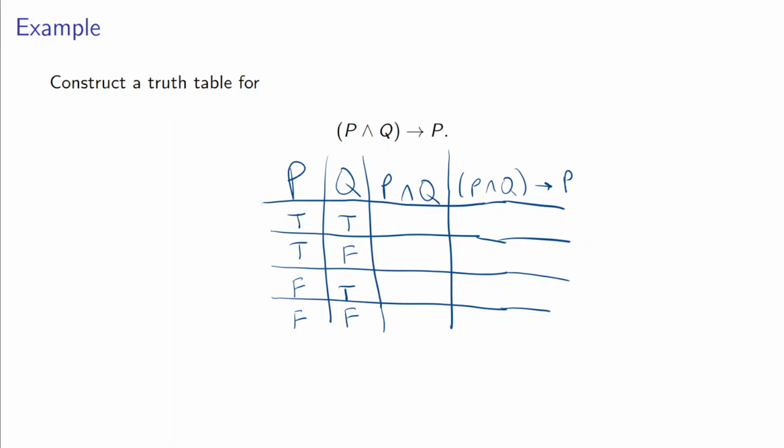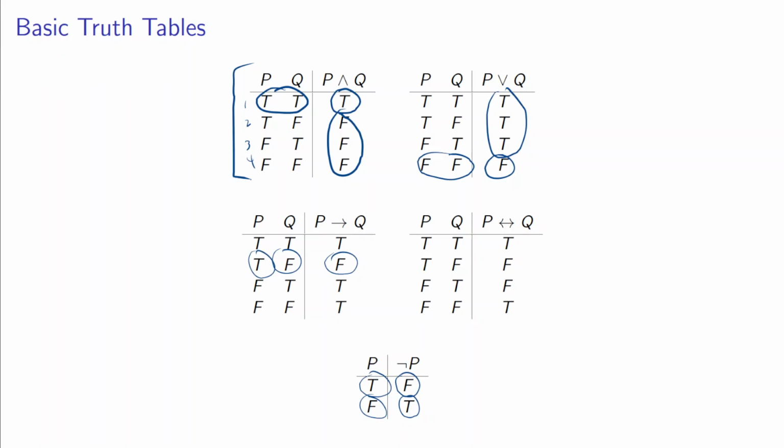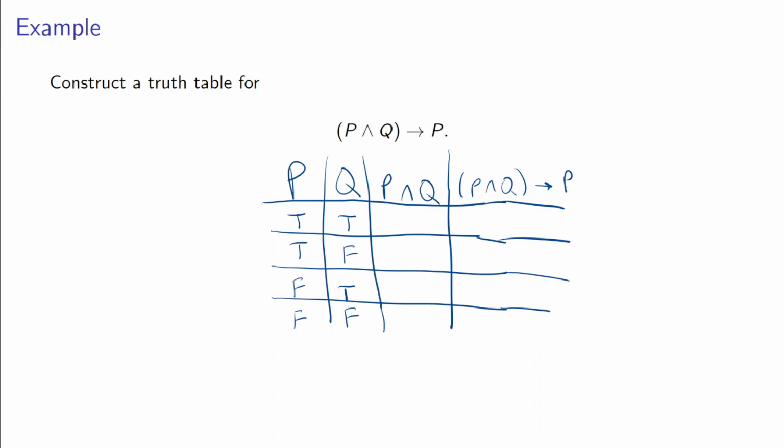So P and Q, this is going to be true, and again, we can go back to that basic one. This is true when both P and Q are true and false otherwise. So we've got true, false, false, false.